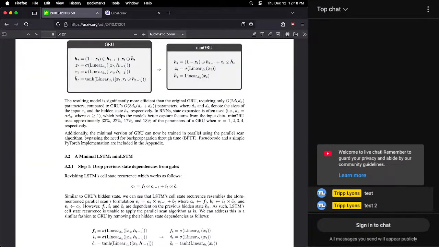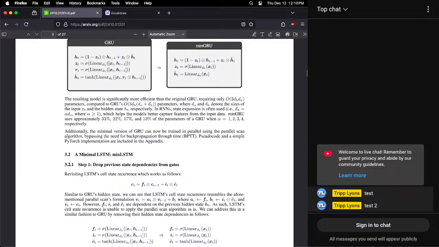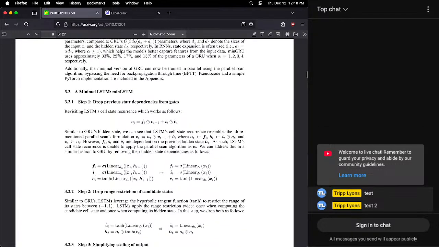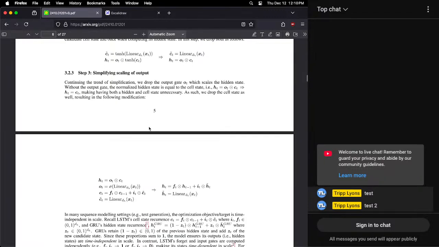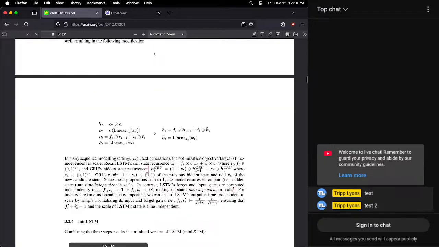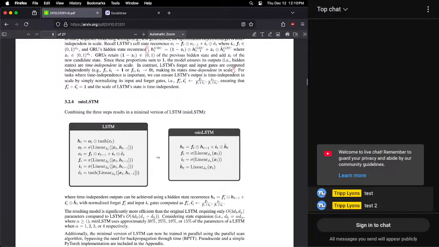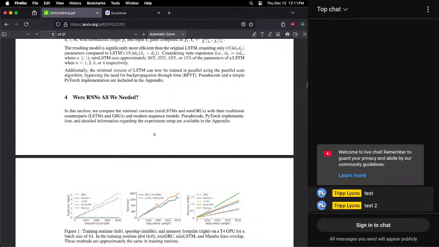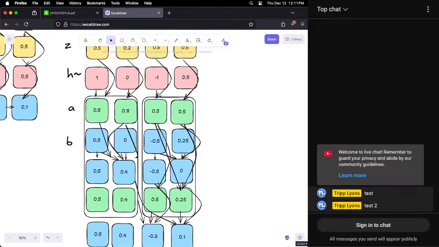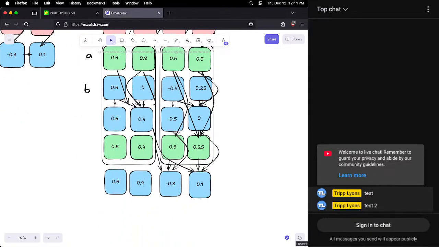I'm gonna skip over min LSTM because I think it's pretty similar, a little more complicated, with the different updates. But it's very similar. They don't say. They only say that they calculate the hidden states. But I'm gonna assume that the output of this type of neuron would be some function of the hidden state.